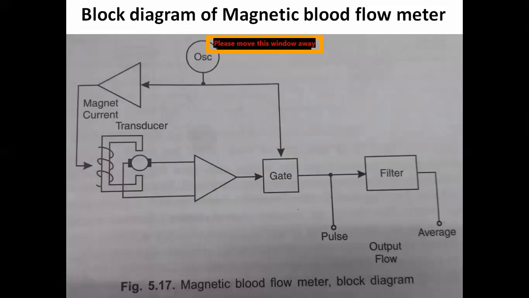And this is the block diagram of the magnetic blood flow meter. So here, see here, this is what I explained previously. In place of a permanent magnet, we have a ferromagnetic material, and that ferromagnetic material is wound with a coil.